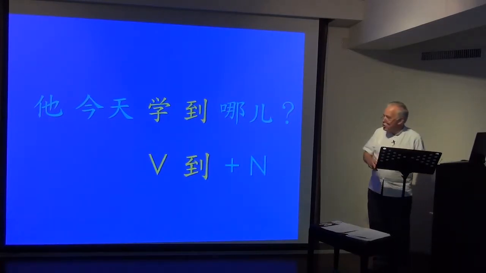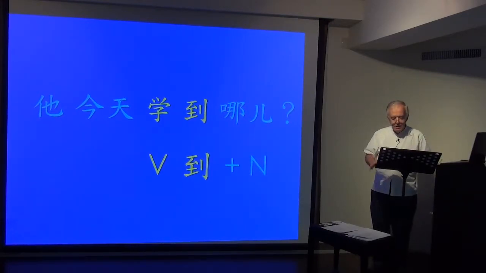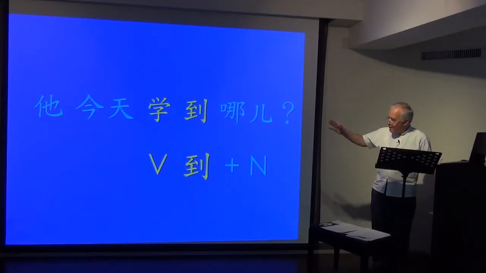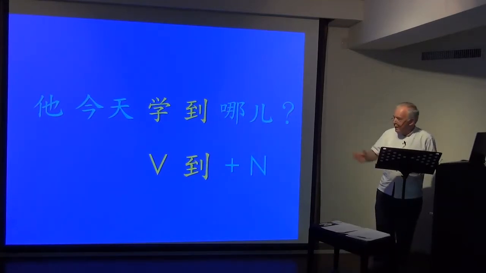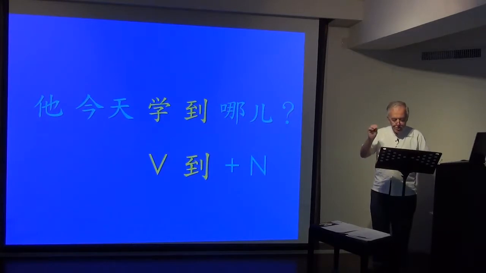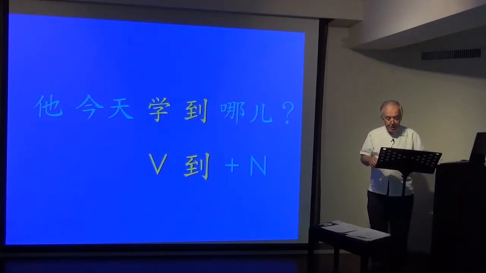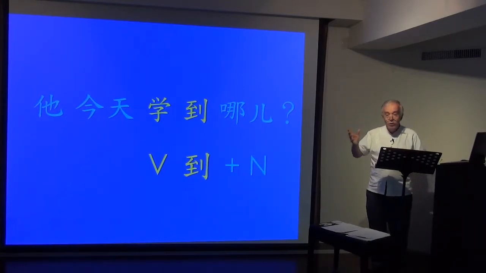他今天学到哪儿？When or where an activity lasts until or reaches, then we put 到 after the verb. For instance, 学到哪儿？看到，读到，写到，上课上到第几课？准备到，考到，教到 which lesson?